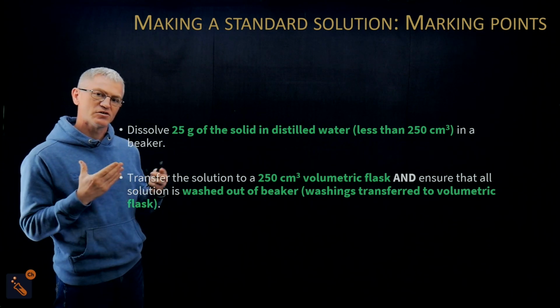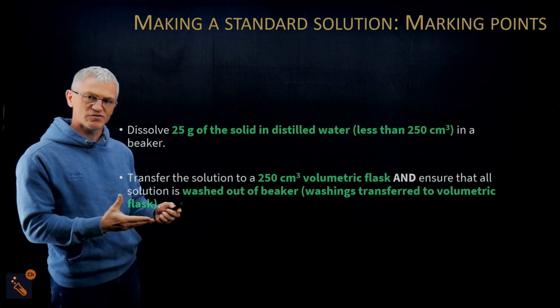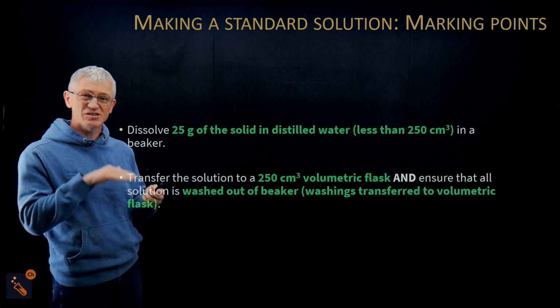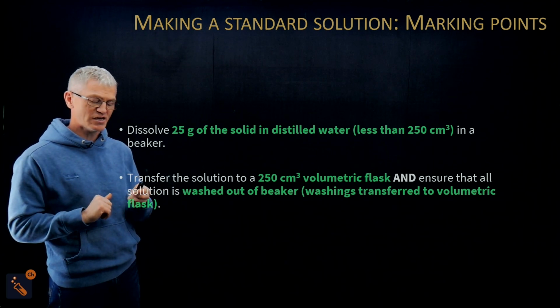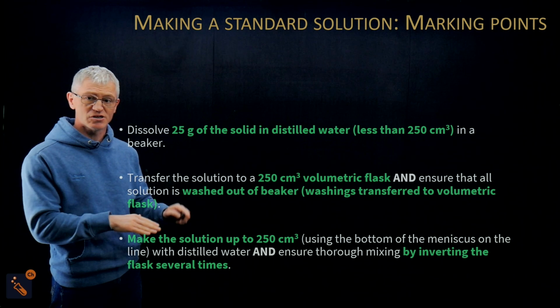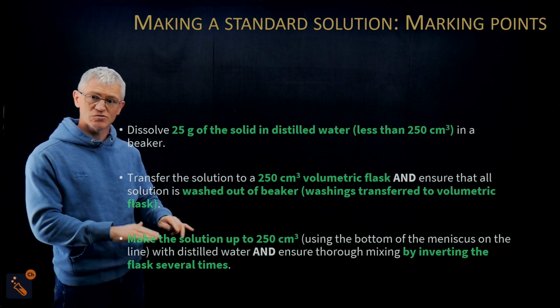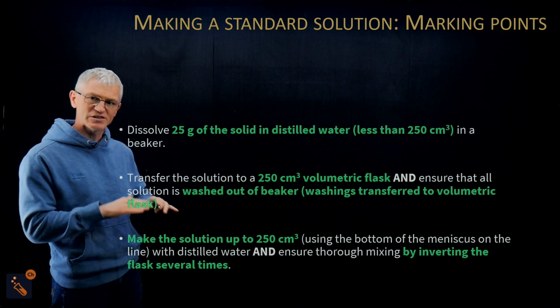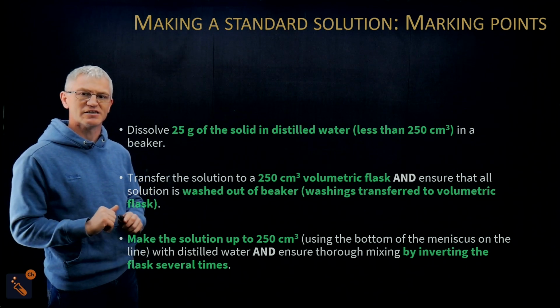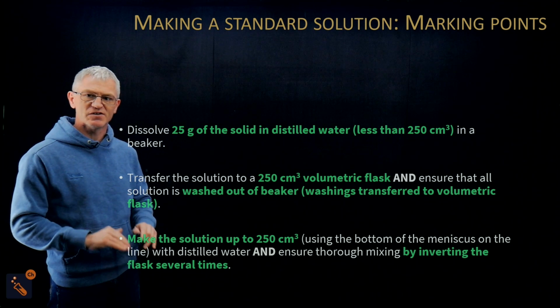Okay, once you get everything into the volumetric flask, it should still be less than 250. So you then need to make the solution up to 250. You go to the bottom of the meniscus, and you do it with distilled water. Again, all the green bits are the minimum you can say to get the marks for this question. And you invert the flask several times.